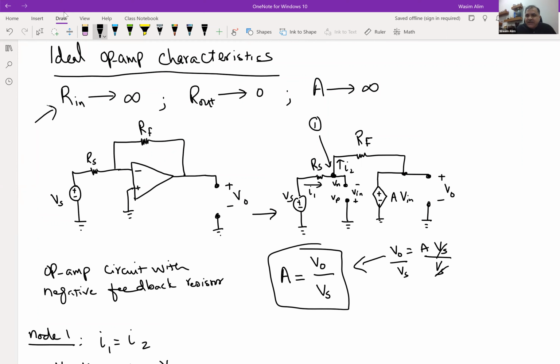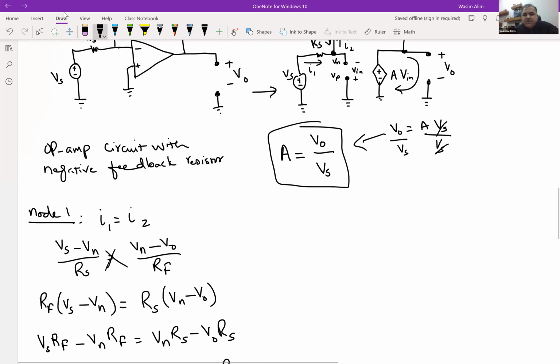I can do nodal analysis, mesh analysis, voltage division, current division. All those techniques are available to me. But it's a pretty straightforward equation. If I look at this in terms of mesh analysis, I can write the equation for the output voltage, which is pretty straightforward here.